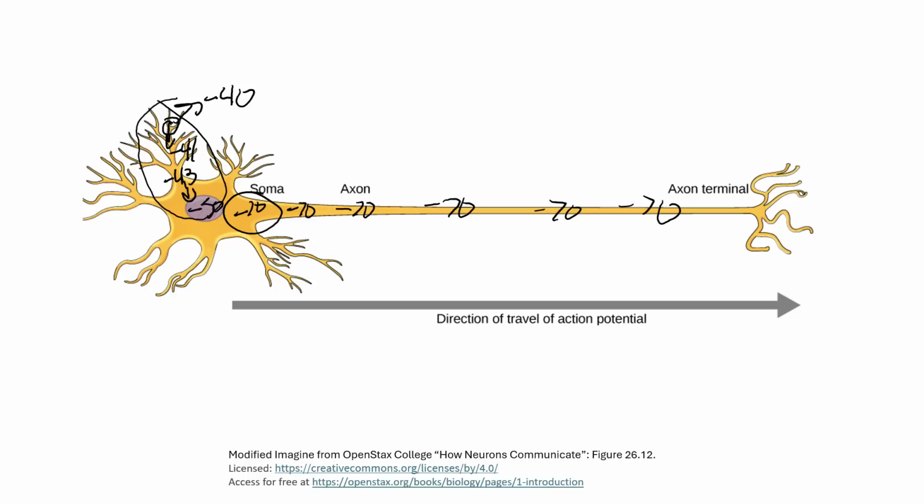And as that depolarization moves away from the point of origin, it will fall apart, as we have shown. It just wouldn't be quite as dramatic as I displayed. And the reason it doesn't have to be as big of a depolarization is because these graded potentials would be coming from thousands of different dendritic regions within the neuron.